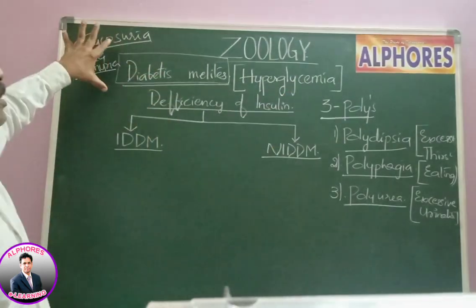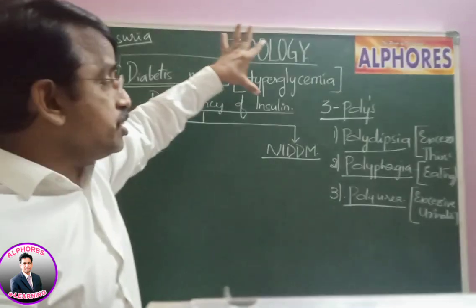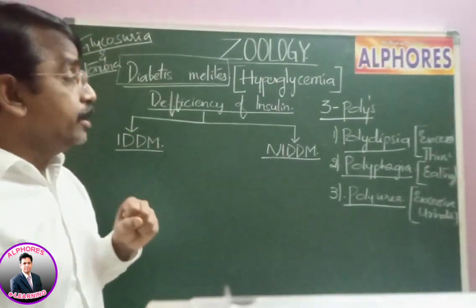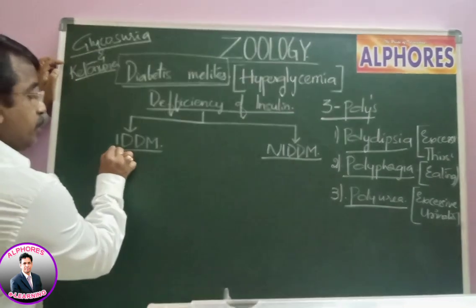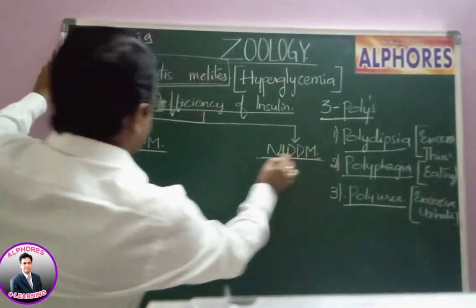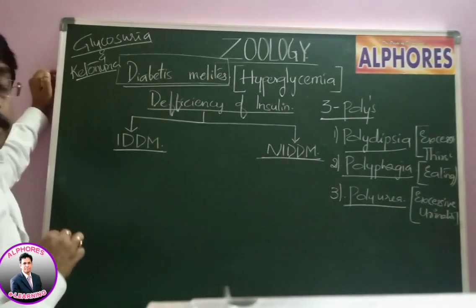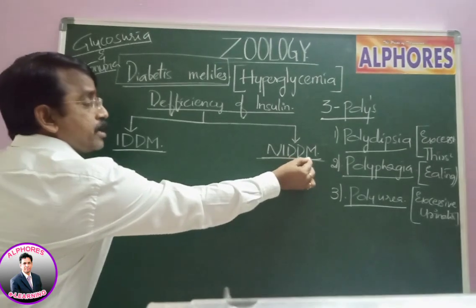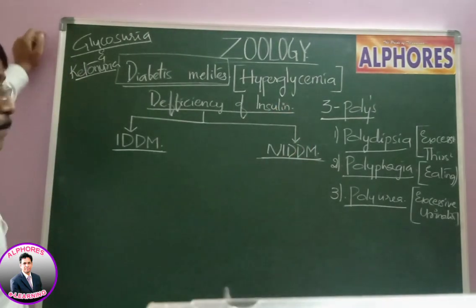So that's diabetes mellitus, characterized by the three polys. And there are IDDM and NIDDM. This is insulin dependent diabetes mellitus. This is non-insulin dependent diabetes mellitus.